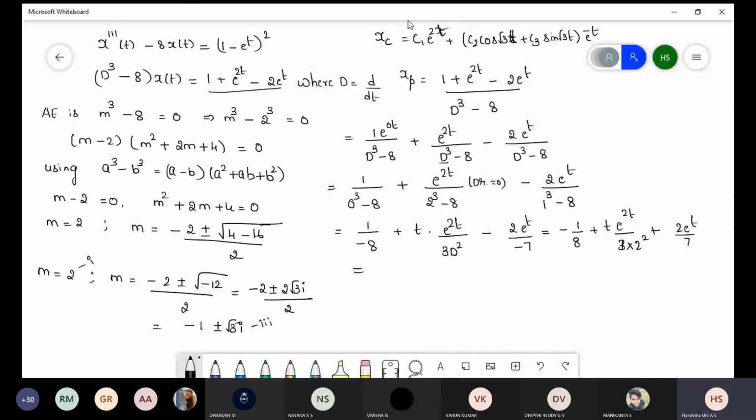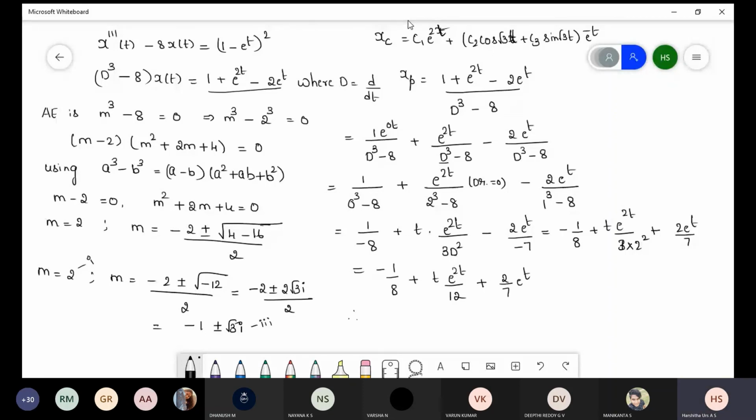Either you can do the integration or you can do the substitution for this denominator d. Only in terms of a substitution, not in every method. For d you can directly substitute only in the type 1. We can directly substitute d is equal to a. So minus 1 by 8 plus t into e power 2t divided by 12 plus 2 by 7 into e power t.